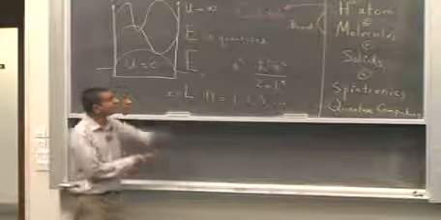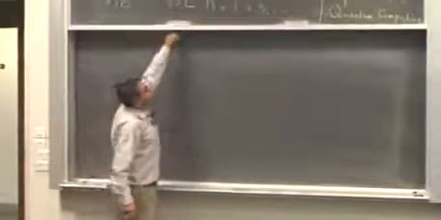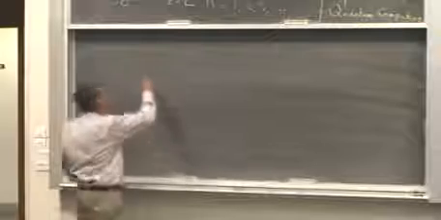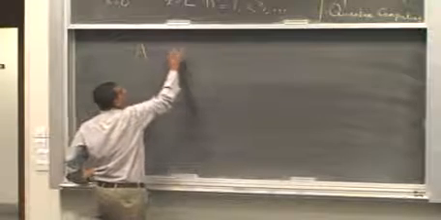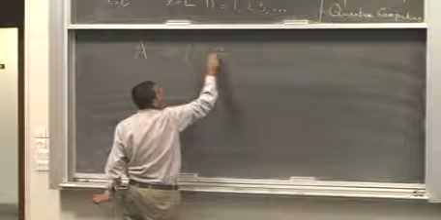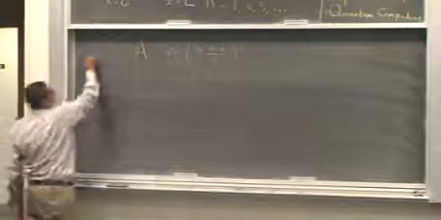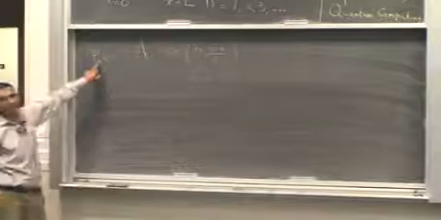And corresponding to different values of n, we can write the wave function as well. The wave function, if you recall, is given by a normalization constant A times sine of n pi x over L. This is the wave function. So you can identify the wave function by the quantum number n as well.